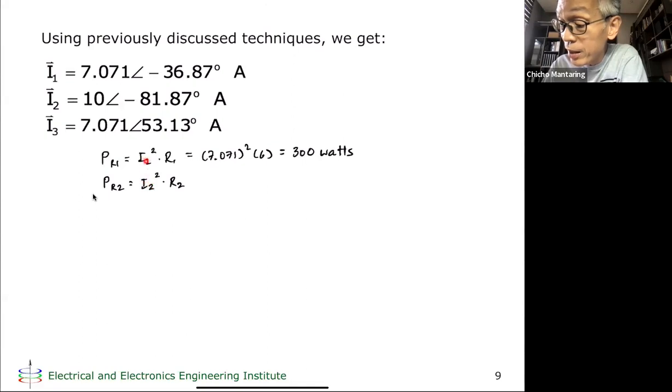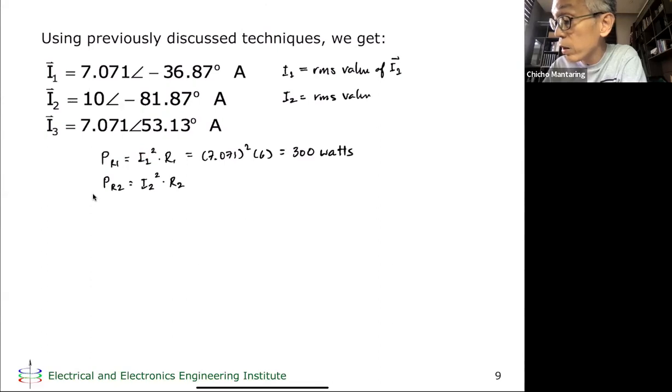These are not complex numbers, there is no vector sign on top. So I1 is the RMS value of I1, I2 is the RMS value of I2, and so forth.